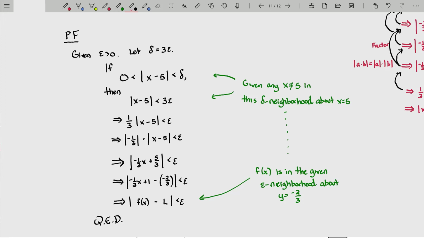And in fact, there's a lot of steps in this proof that most mathematicians wouldn't even write, but we write it here because we want you to show your work initially. As you move forward in mathematics, you can condense this down even further. All right, so that is the video on proving finite limits at finite points for linear functions.